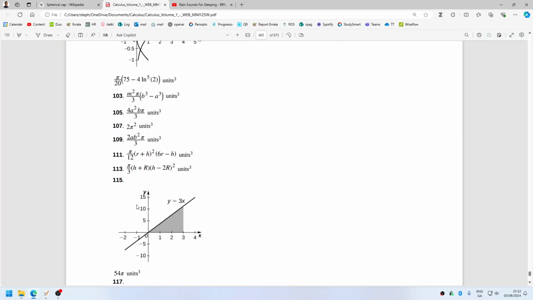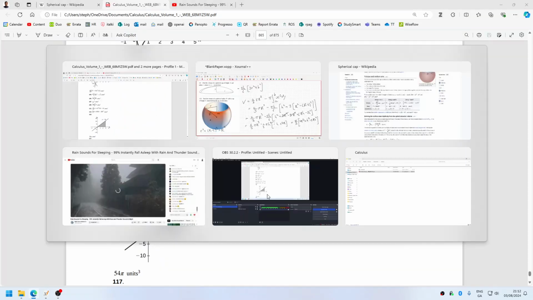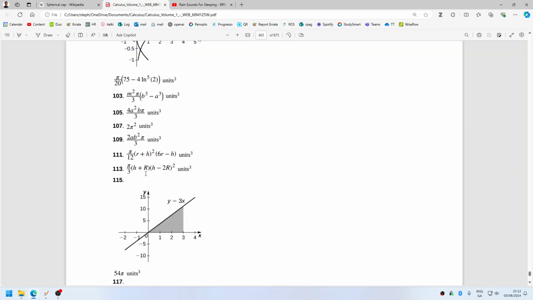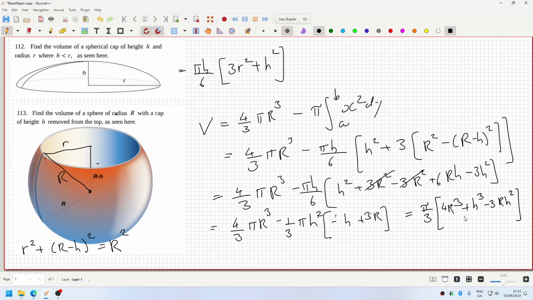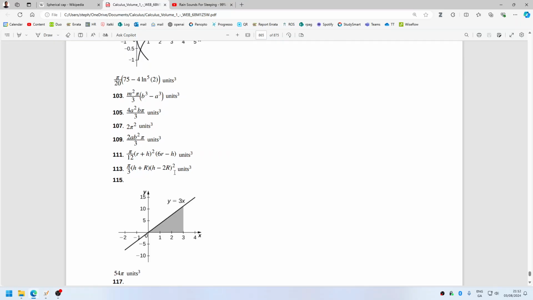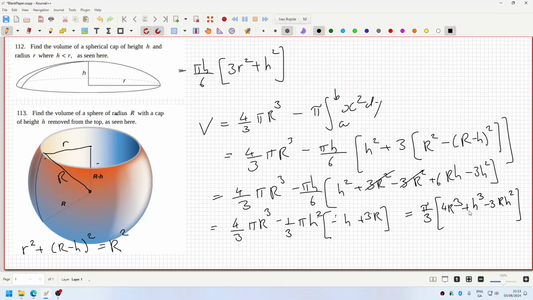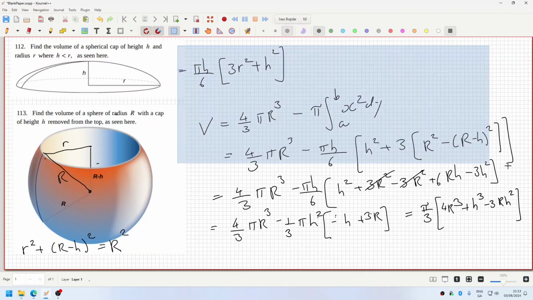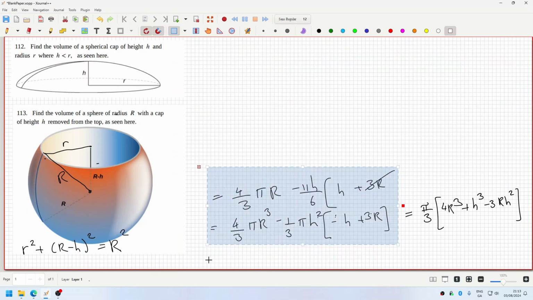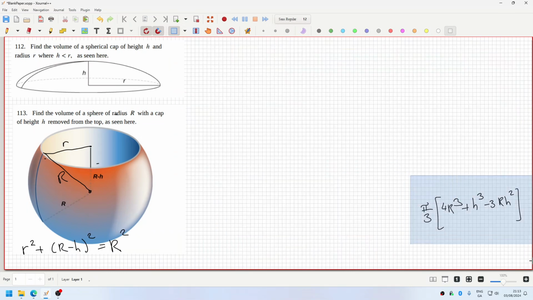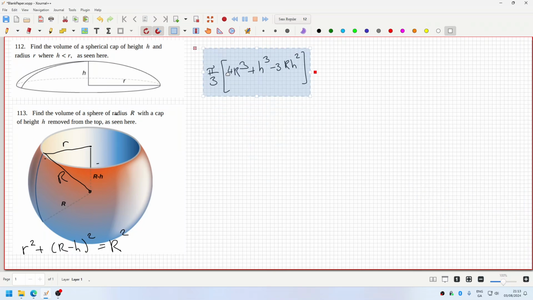Well, there's the pi over 3. That's good. It should have an h cubed in it. And then a minus 3rh squared, and a 4r cubed. Yeah, that's right. Okay, so actually this is looking like it could match up. So let's try and simplify it a bit more. Promising so far.